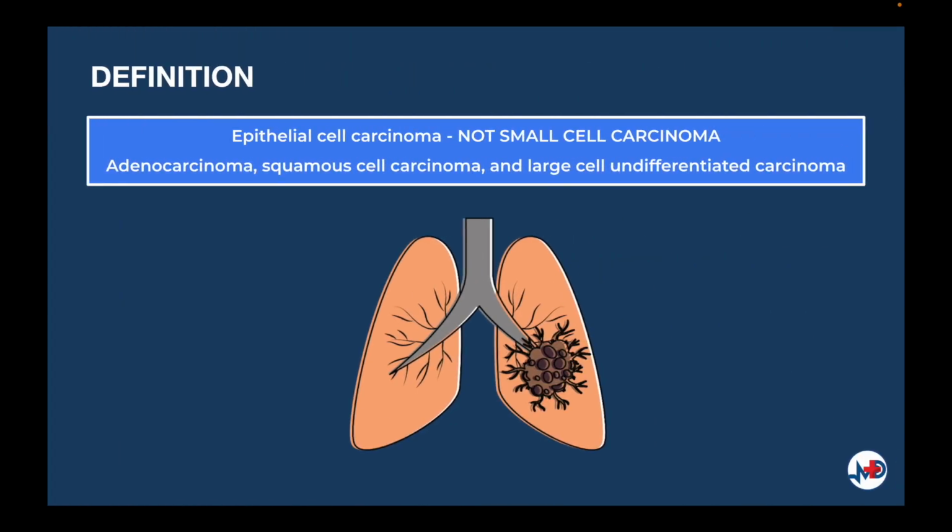The term non-small cell lung cancer or carcinoma applies to the various types of bronchogenic carcinomas, those arising from the lining of the bronchi, which include adenocarcinoma, squamous cell carcinoma, and large undifferentiated carcinoma. So what is the difference between small cell carcinoma and non-small cell lung carcinoma?